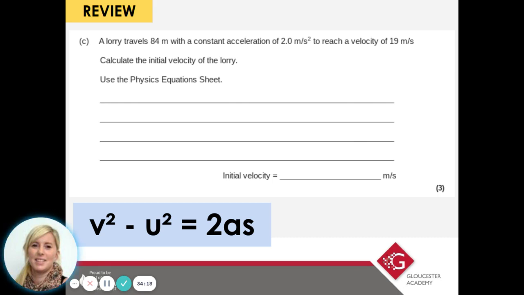So that's our s. We know that the lorry travels 84 meters. It's got an acceleration of 2. And on the right-hand side, you can do 2 times 2 times 84 meters. I'm just going to work that out.